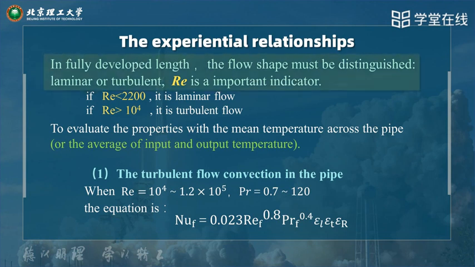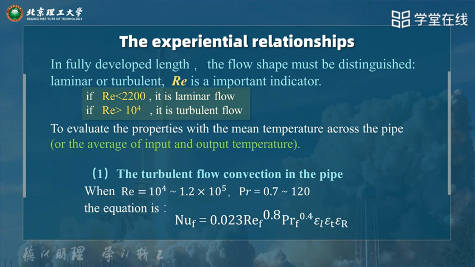In the fully developed length, the flow regime must be distinguished as laminar or turbulent. Reynolds number is an important indicator. If the Reynolds number is less than 2,200, it is certainly laminar flow.